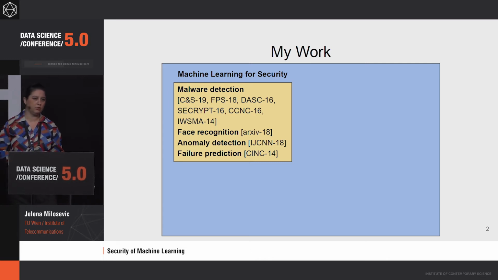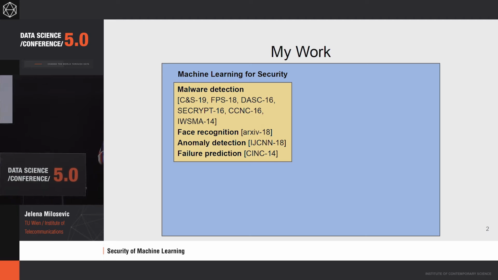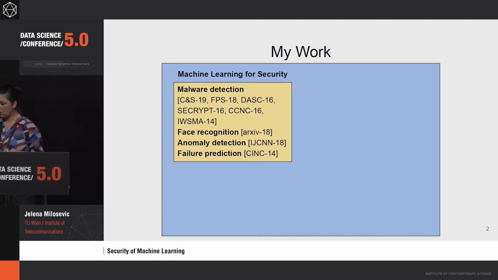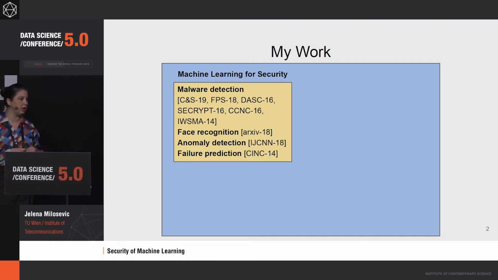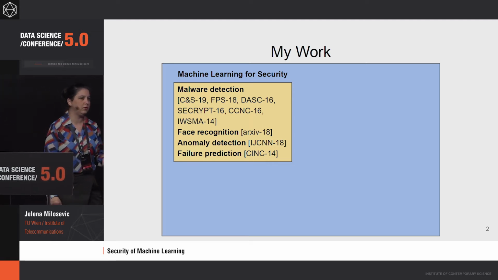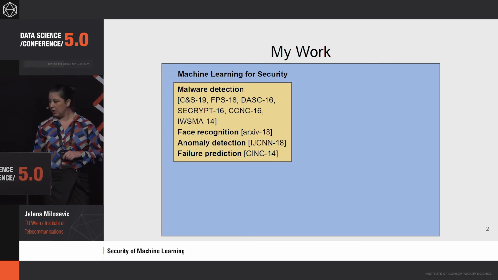And then I went to the Faculty of Informatics in Switzerland, where I did my PhD, mainly on the topic of malware detection. In addition to this, I also worked with face recognition systems during my internship at IBM. And I also did a bit of work in anomaly detection and failure prediction as a part of our collaboration back in Switzerland with EPFL.